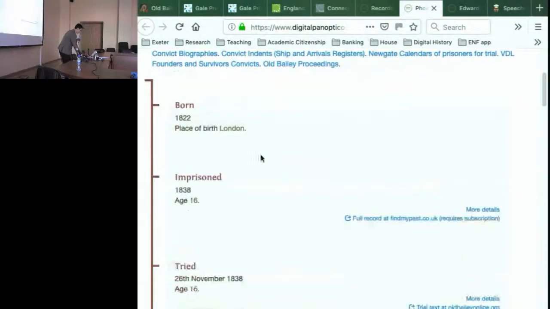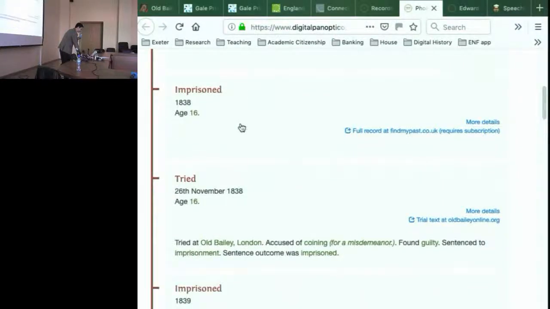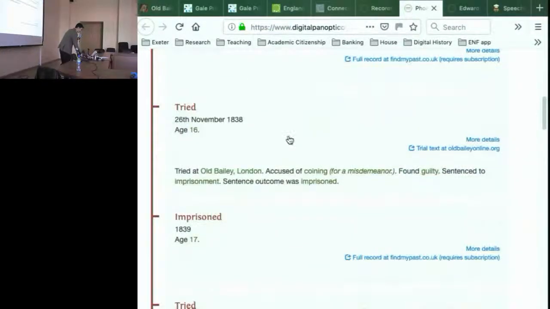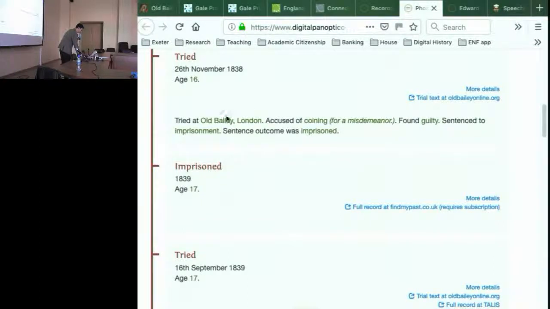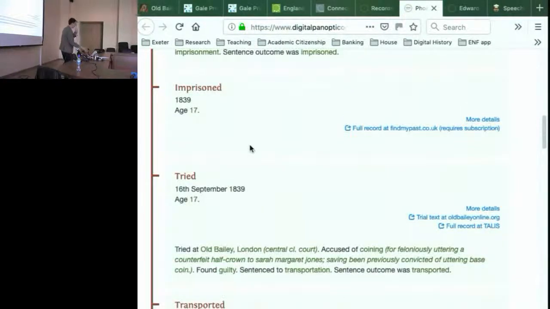So we have here, a major life event is born, it's quite a major one. So Phoebe's born in 1822. The next major event that happens to her is imprisonment. She's then tried, imprisoned as a result of her trial. She then appears shortly after being imprisoned after serving out her sentence.